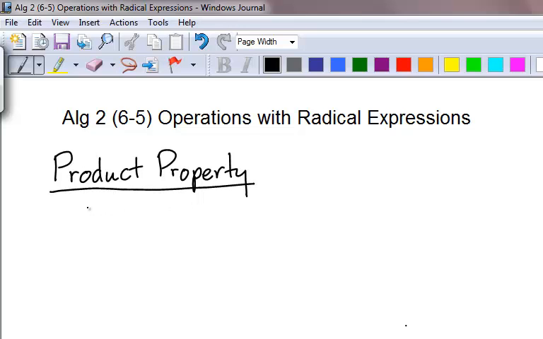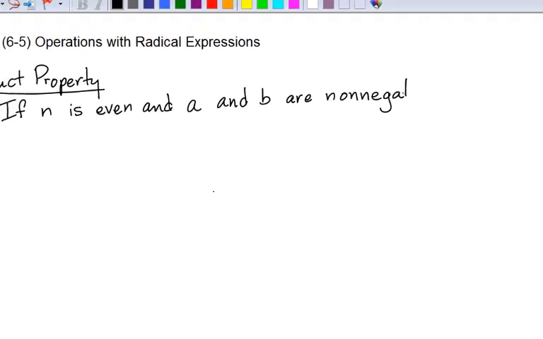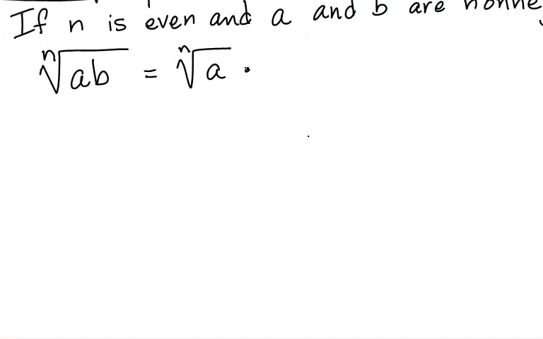First, if n is even and A and B are non-negative, then the nth root of AB, basically you can split that up into the nth root of A times the nth root of B. Now look at that again.